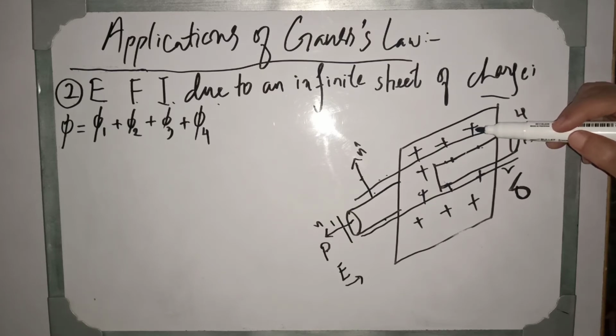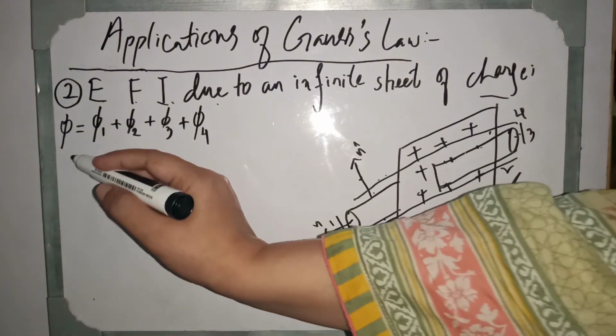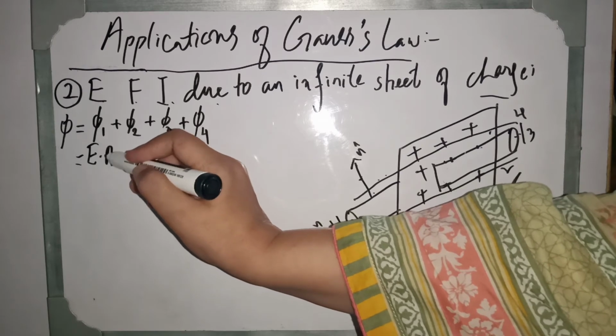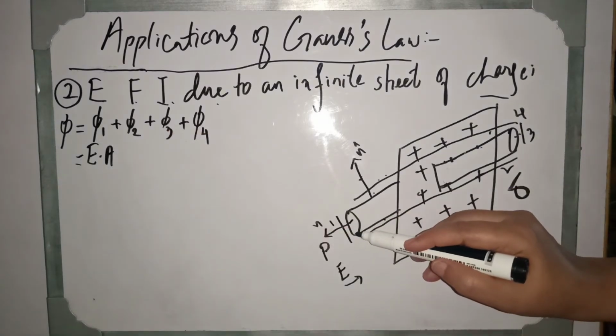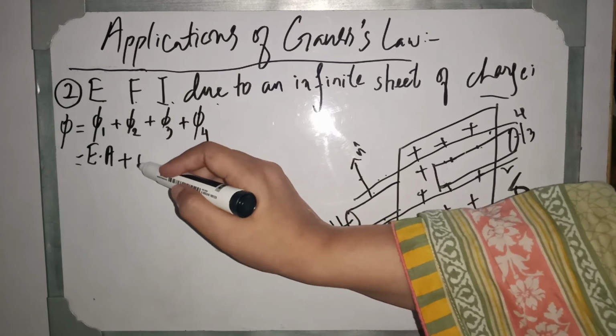For surface number 1, flux is equal to E dot A, because this is the end face, and through the end face flux is passing through the surface. When I take flux 2, that is the curved surface, flux is 0.